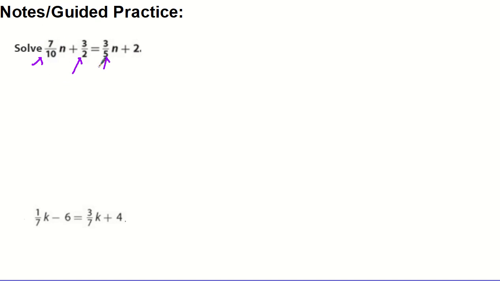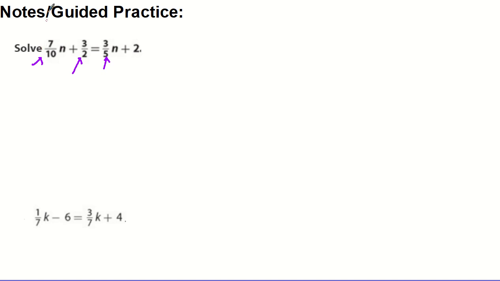If I look at 2, 5, and 10, what number is a common multiple, or what would be a common denominator? Well, the common denominator for these three would be 10, because I can multiply 2 by 5 to get to 10, and I can multiply 5 by 2 to get to 10, and then 10 is 10. So my common denominator, or my common multiple, is 10.